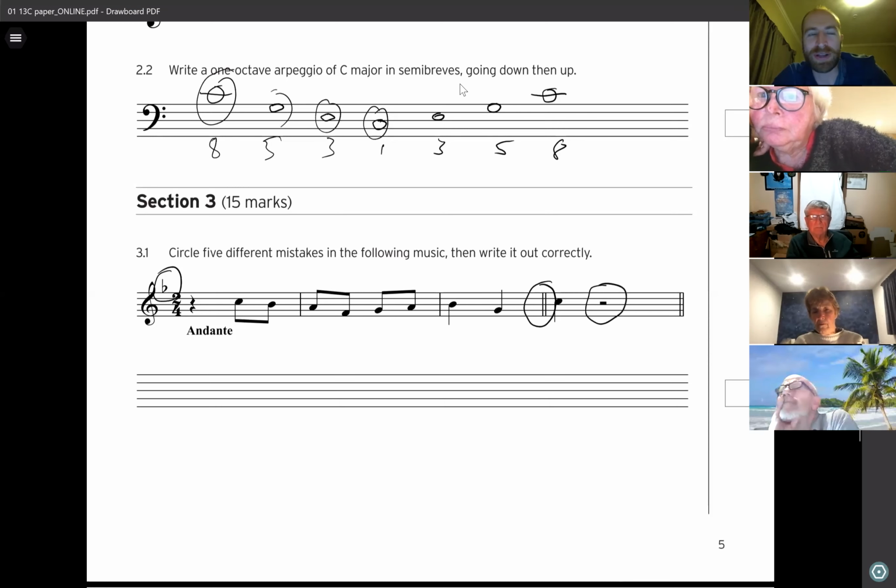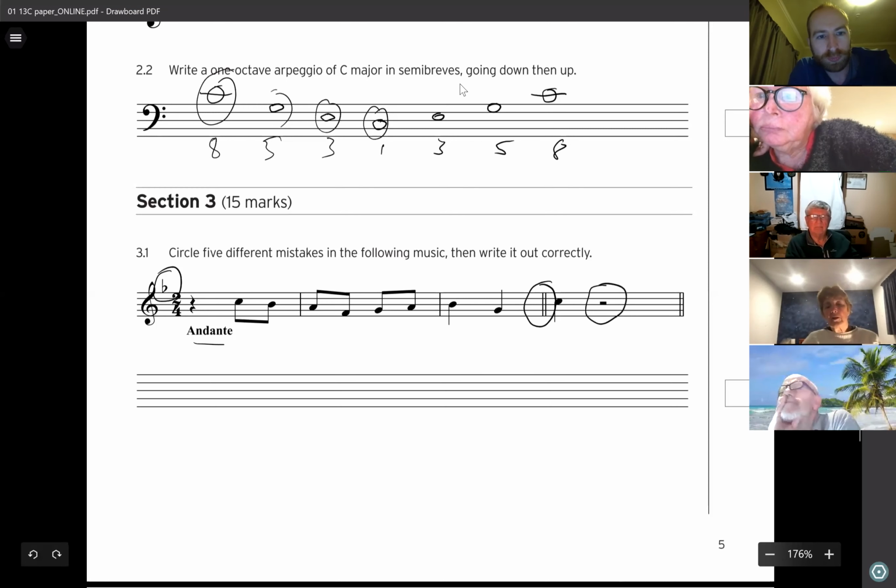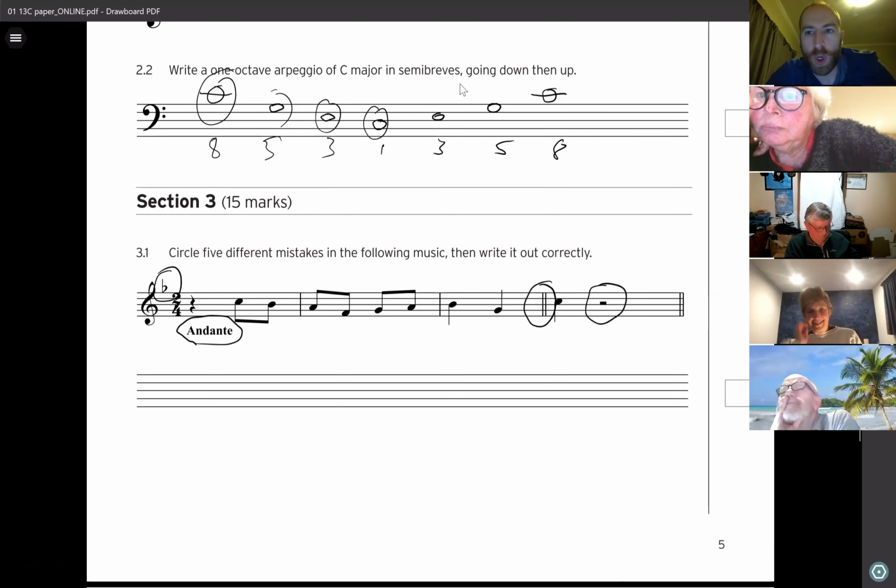I actually had to look this up. Well, I got one of them. This one is a tempo marking. Andante means at a walking pace, right? Tempo markings go above the stave. Dynamic markings go below the stave. No, you didn't know that. That's why I'm telling you.